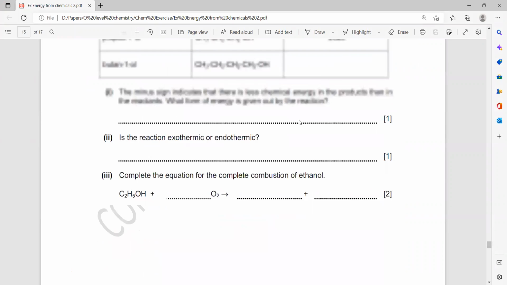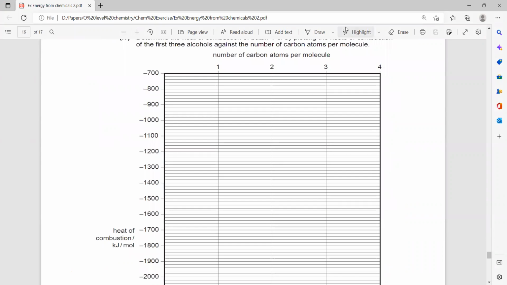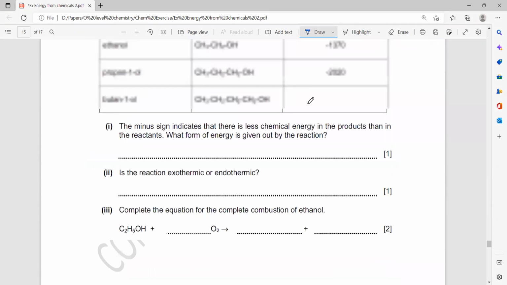So the first one is minus 730. Where I should have minus 730, like this is 720, this is 740. So between them will be minus 730.